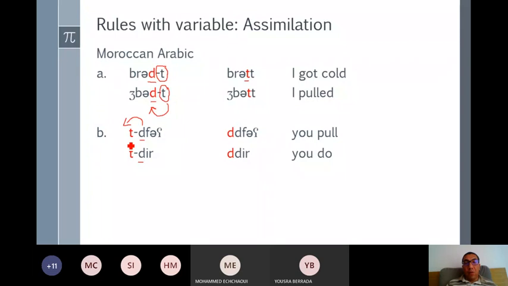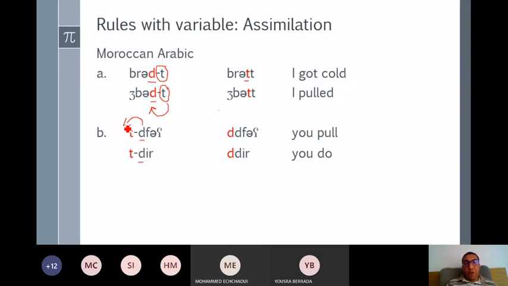So actually, we have two subrules: devoicing and voicing. But this devoicing and voicing are two subrules that are related. What the relatedness is, is that whenever there is a sequence of two consonants, the second consonant always affects the first.